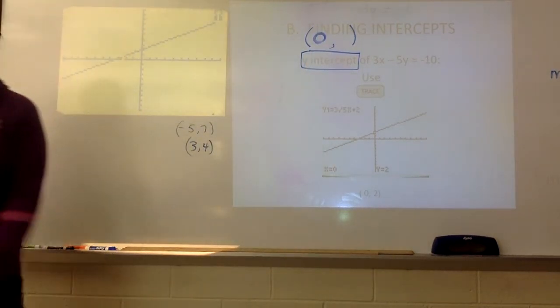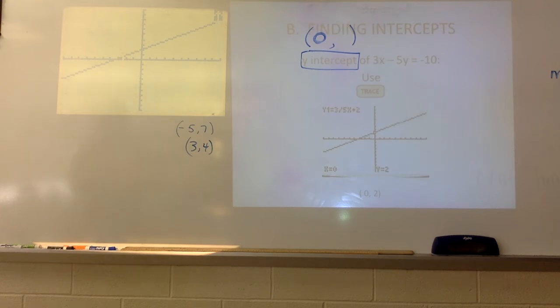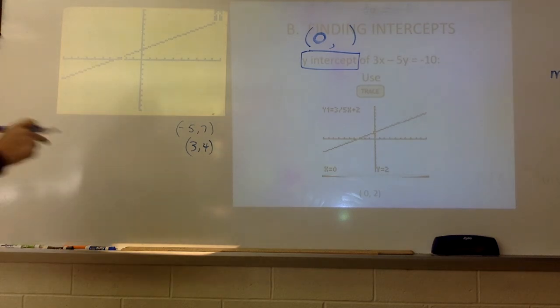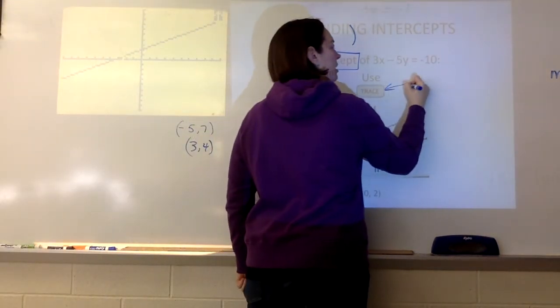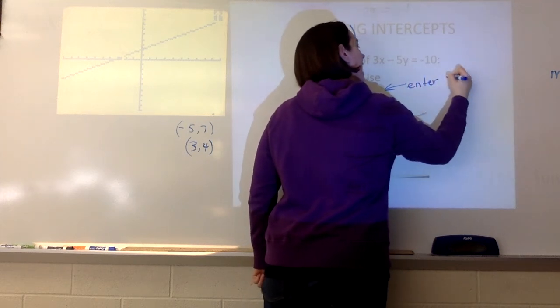So here's the deal. This is the important part of trying to make this connection with the calculator. The only place to enter x's into the calculator is trace. So trace is where I enter x values.